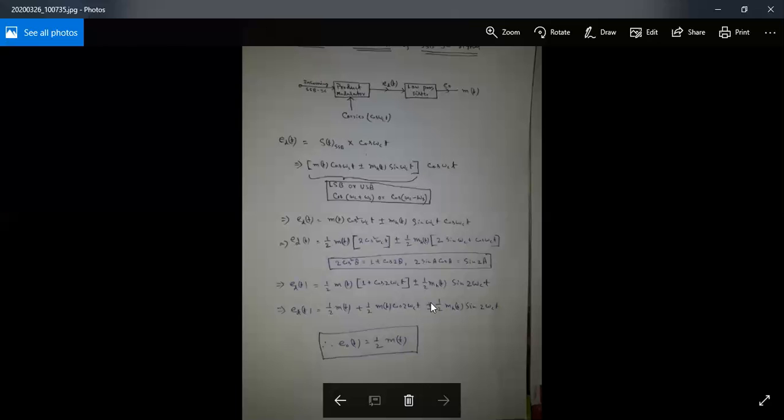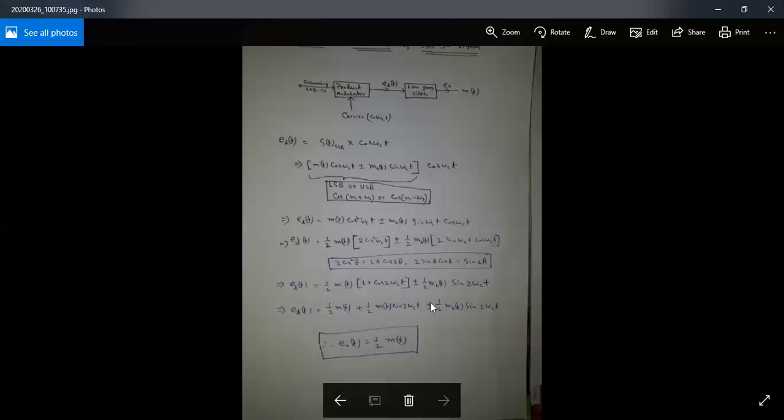At first we went through the block diagram, and then depending upon the block diagram, mathematically we established our logic. It is very important in the sense that the equation is very simple, but two mathematical formulas are involved: one is 2 cos square theta, and another one is 2 sin theta cos theta.